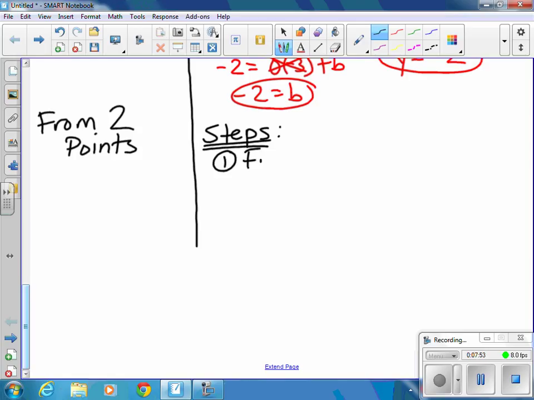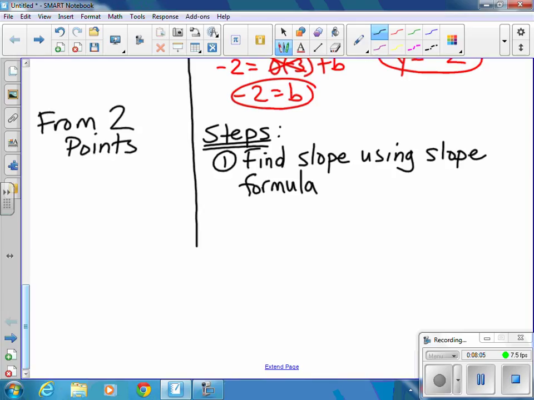And because we have 2 ordered pairs, we're going to find the slope using the slope formula, because it's the only formula that will help us when we have 2 ordered pairs. And remember, that's m equals y2 minus y1 divided by x2 minus x1. You must start there.